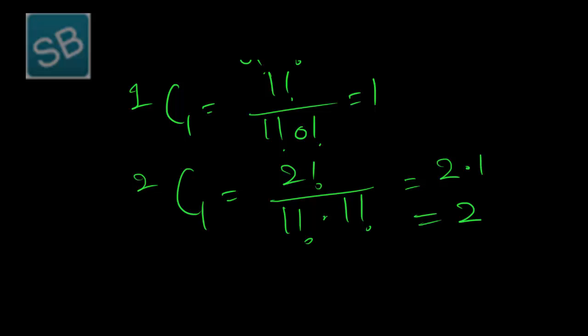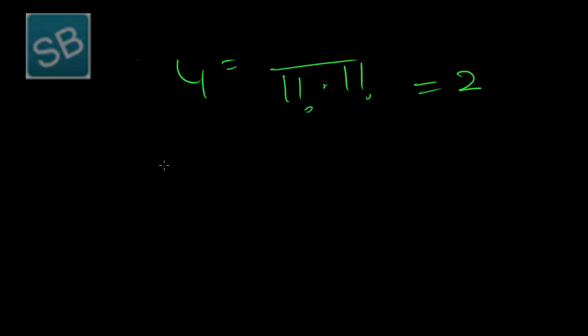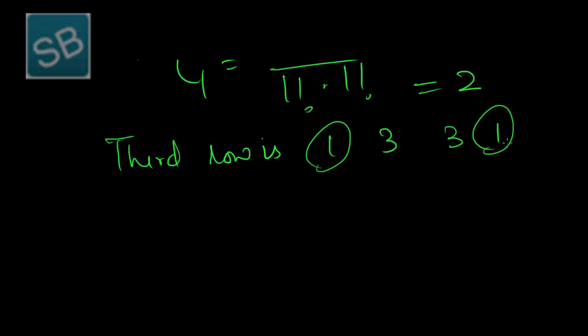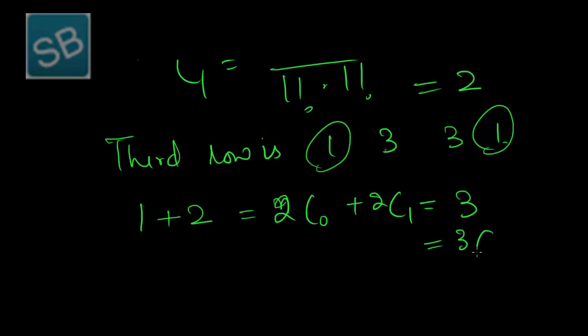If you take the third row, it is 1, 3, 3, 1. The first and last element is 1, and this is obtained by the sum of the first and second terms, that is 1 plus 2, that is 2C0 plus 2C1, which gives 3, and 3 is 3C1.